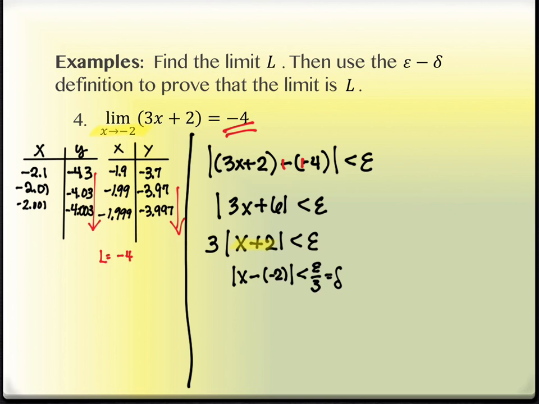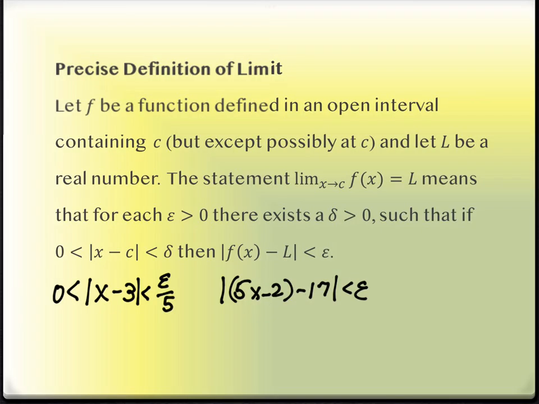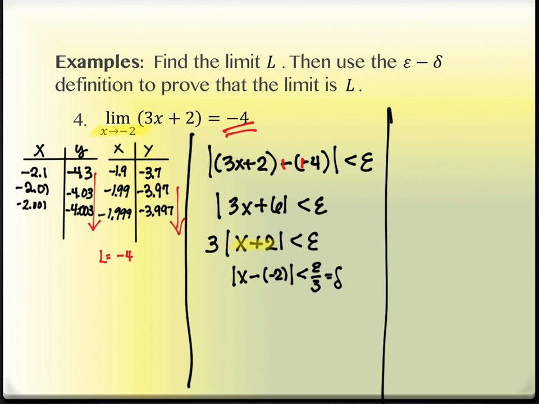And here's the way that we finish this out. So we've found all the pieces that we need at this point to be able to write the proof. And the proof actually mirrors this definition. All right? So they kind of go hand in hand. If you memorize the one, you'll be able to write the proof for the other pretty easily. So it looks something like this.